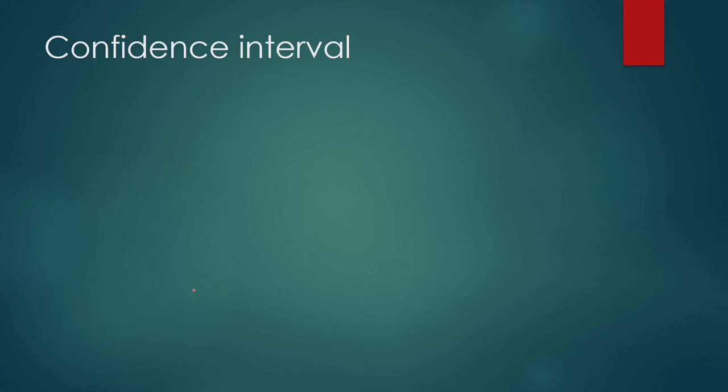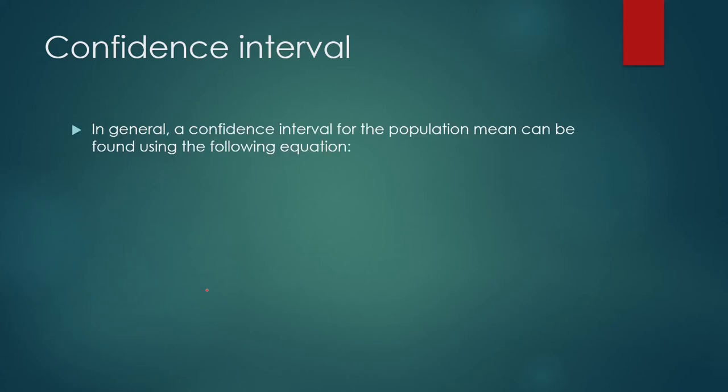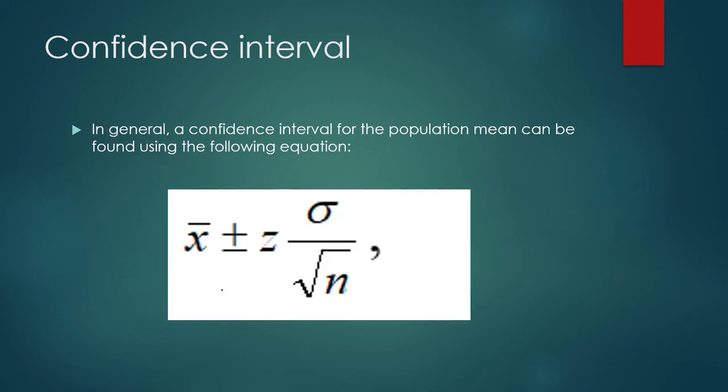The confidence interval is given by the following equation: x bar plus or minus z times sigma over the square root of n. The x bar is going to represent the center of our interval, and the number to the right of the plus or minus represents our margin of error.